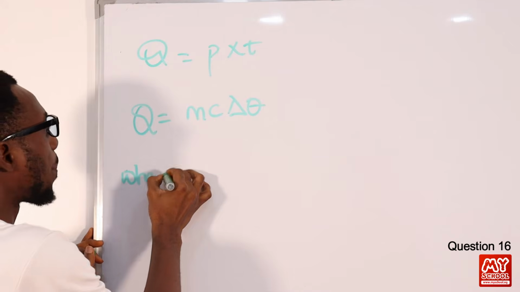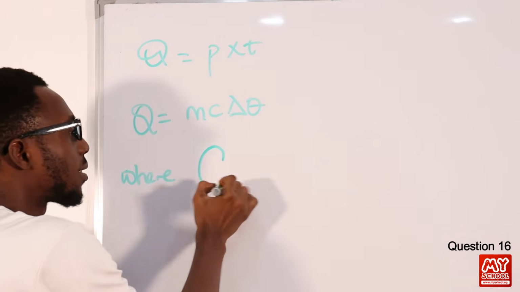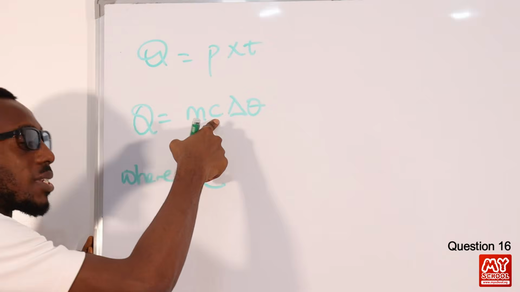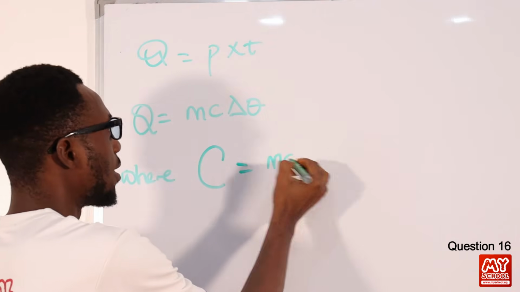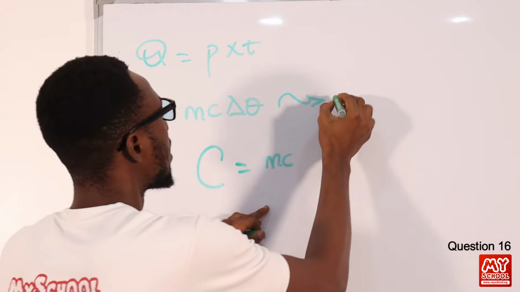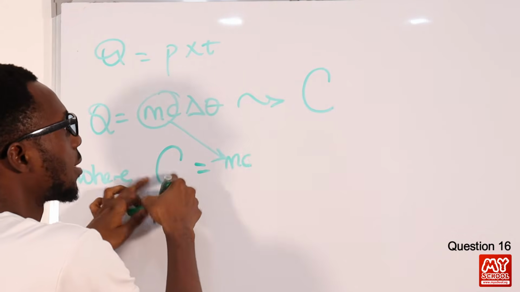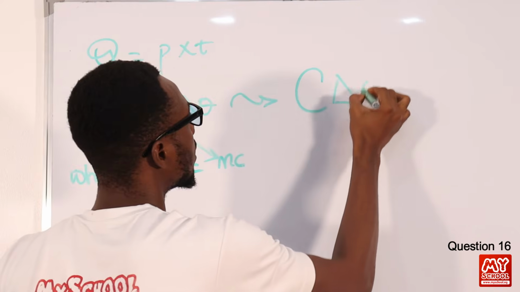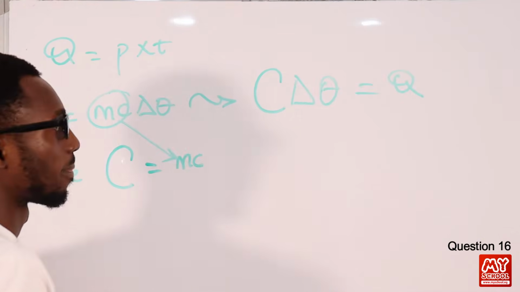Where your heat capacity is different from specific heat capacity, where this big C, which is heat capacity, this is small c, specific heat capacity, is actually equals to MC. So if I want to rewrite this, I can write this as big C, right, replaced by this, isn't it? Delta theta equals Q, right?